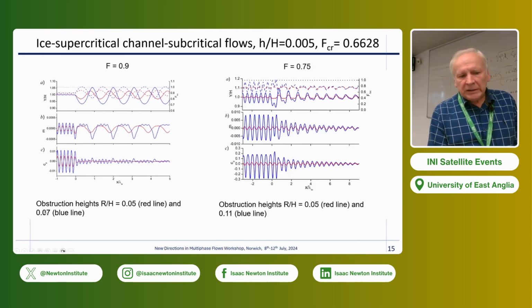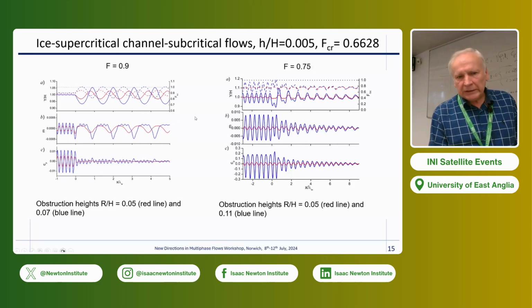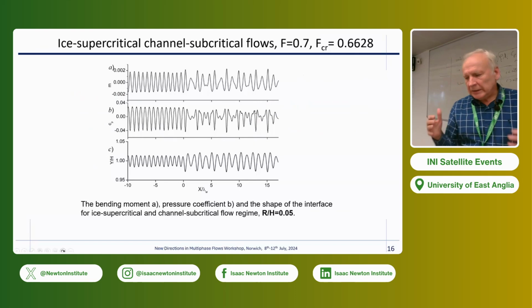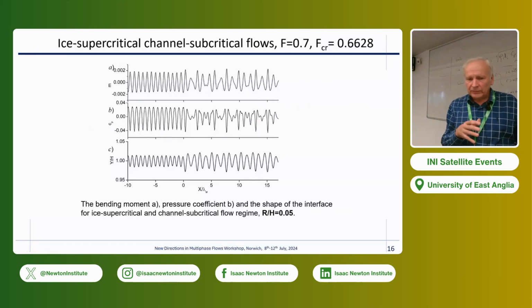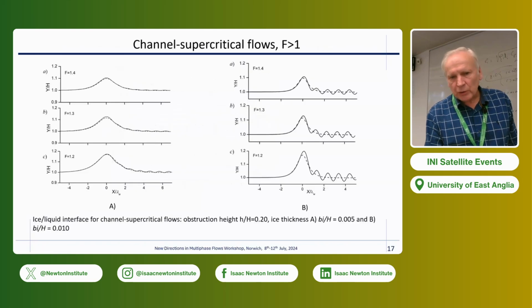We cannot calculate a larger height of obstruction because here the dashed line shows the local Froude number. The local Froude number reaches 1, that is, channel supercritical flow, and it is not possible to get a convergent solution. If Froude number approaches the critical Froude number, the elastic wave length approaches the gravity wave length, and they interact, giving very complicated behavior of the interface and correspondingly of the bending moment and pressure coefficient.